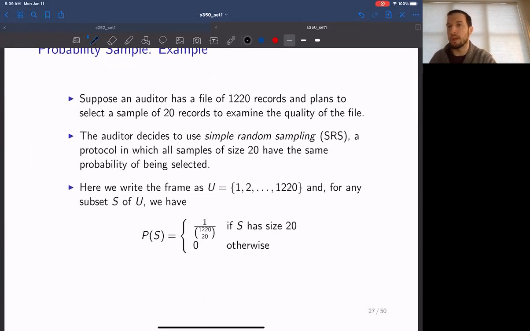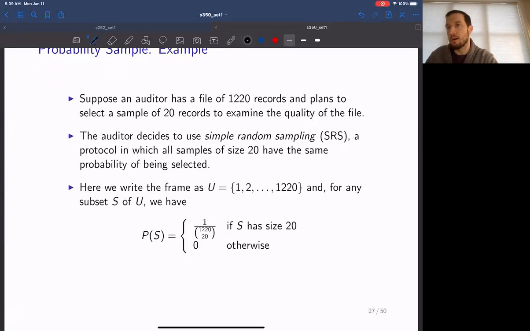So we are assuming here that the population size is 1,220, and we're going to select 20 of these to be in our sample. We don't necessarily have to give every single observation the same probability of being selected, but if we did, then we would essentially be doing what is called simple random sampling, which is generally considered to be the simplest type of probability sampling scheme.